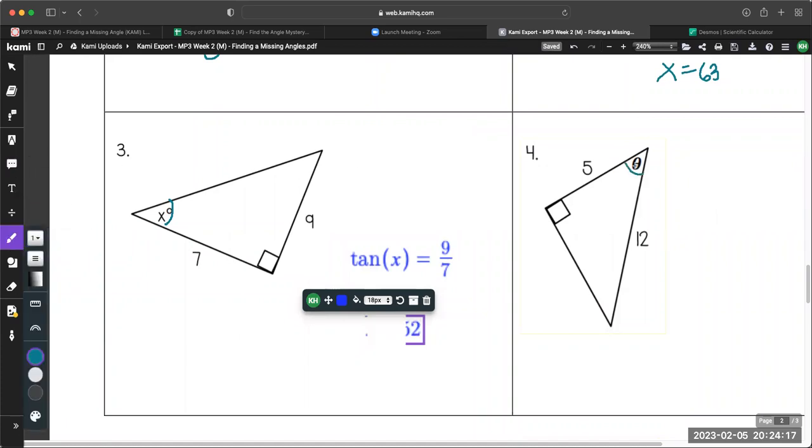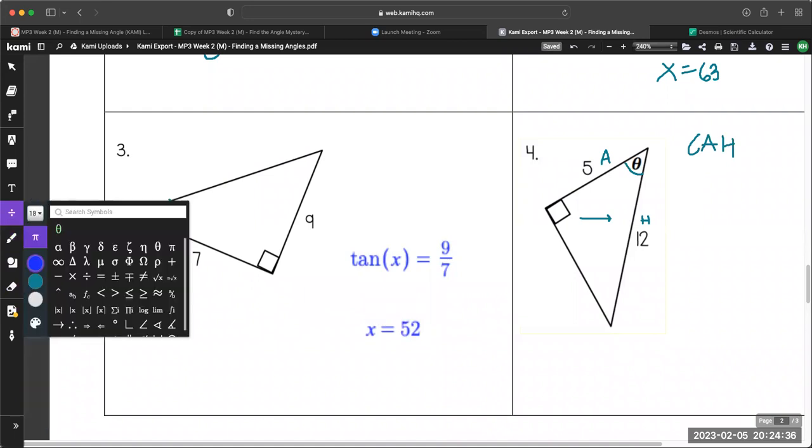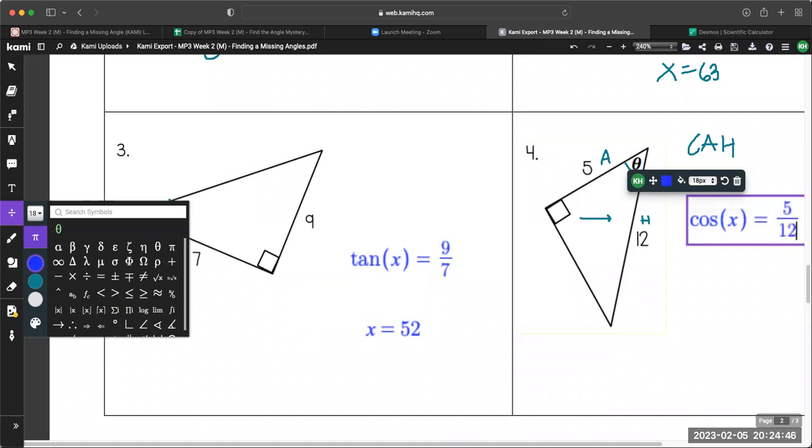We've got our angle. We do have the hypotenuse this time, right? We have our H, so I'm not going to use tangent. And this 5 is touching, so that must be my A. So I'm going to use my cosine, because of CAH. The cosine of our angle that we don't know, I'll just write X, is going to equal our adjacent side over the hypotenuse, 5 over 12.